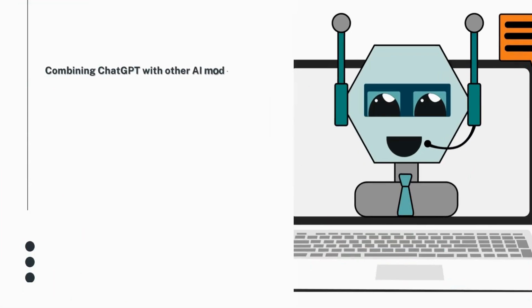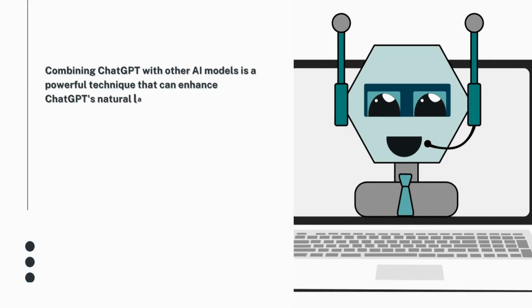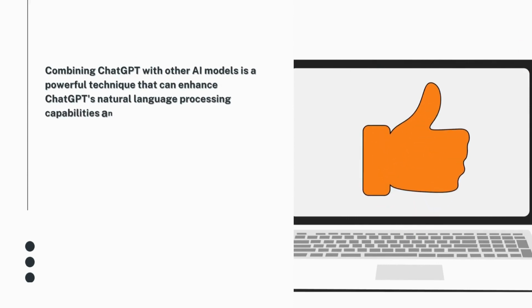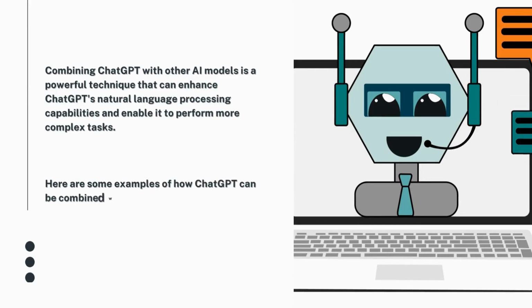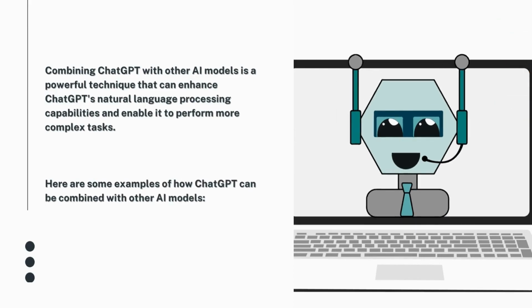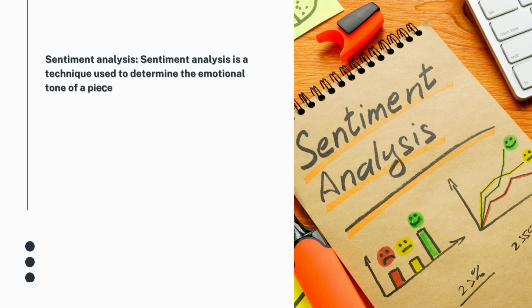Combining ChatGPT with other AI models is a powerful technique that can enhance ChatGPT's natural language processing capabilities and enable it to perform more complex tasks. Here are some examples of how ChatGPT can be combined with other AI models. Sentiment analysis. Sentiment analysis is a technique used to determine the emotional tone of a piece of text.